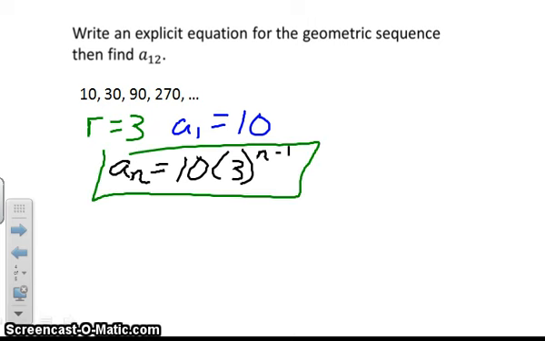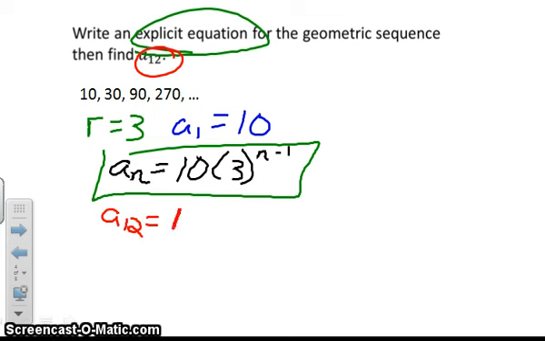That's the explicit equation for this geometric sequence. And then the next thing that I was being asked to do was find a sub 12.